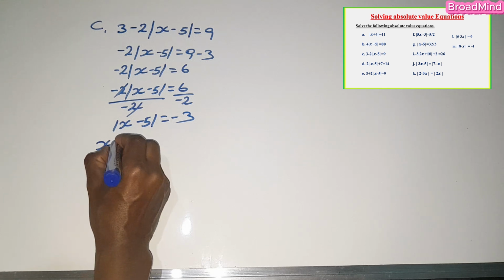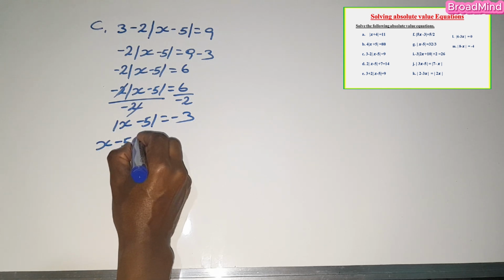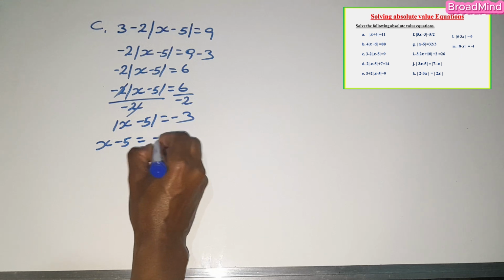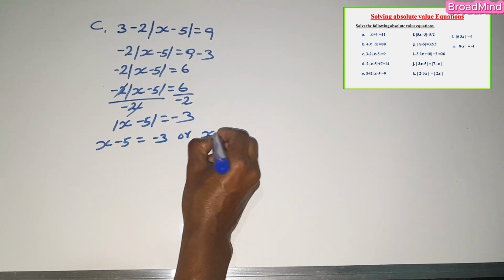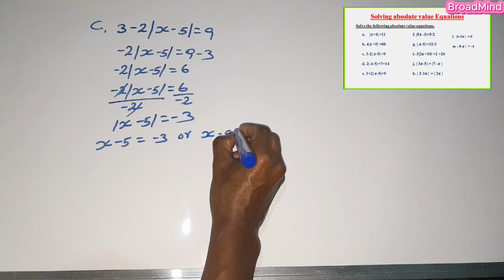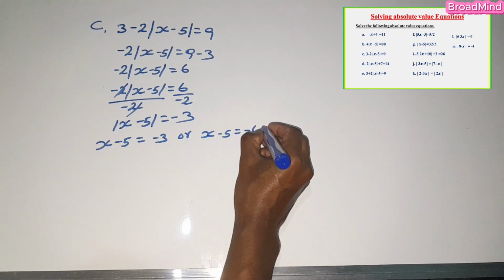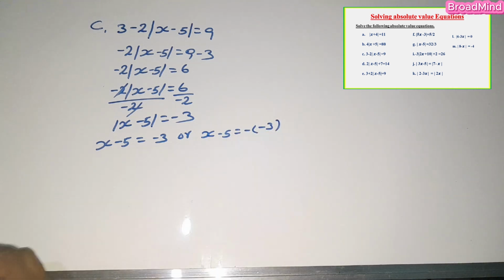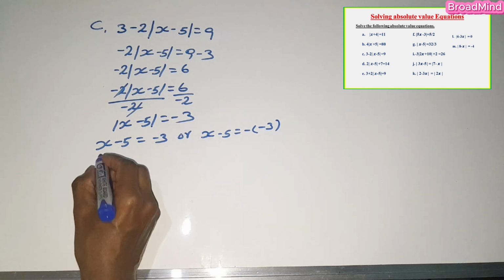Now x minus 5 is equal to negative 3, or x minus 5 is equal to negative of negative 3.